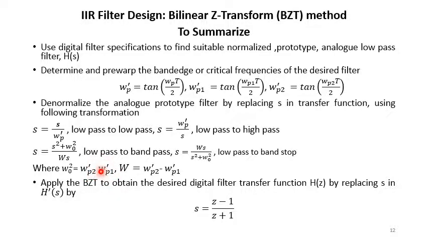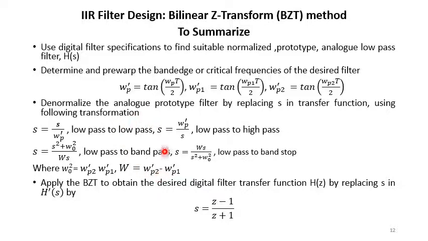P1 is the lower cutoff frequency, whereas omega prime P2 is the upper cutoff frequency. Capital omega, which is given here, is basically the difference between the upper cutoff frequency and the lower cutoff frequency.